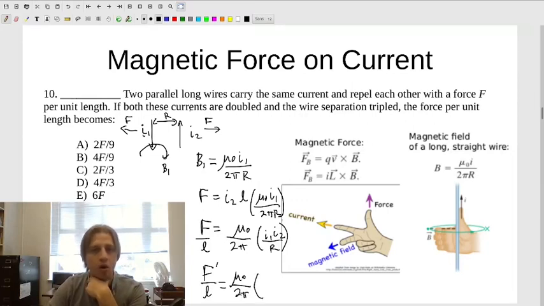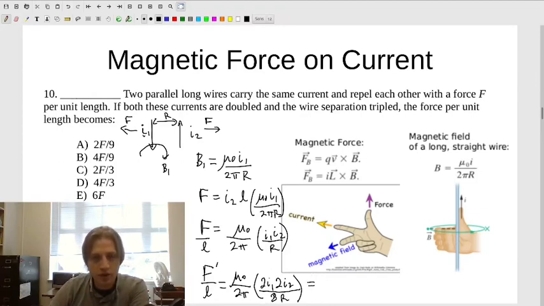Now it says if both of these currents are doubled, okay, so for I I'm going to put in 2I, so 2I1, 2I2, and the wire separation is tripled. So in place of that R, I'm going to put in 3 times R. Okay?